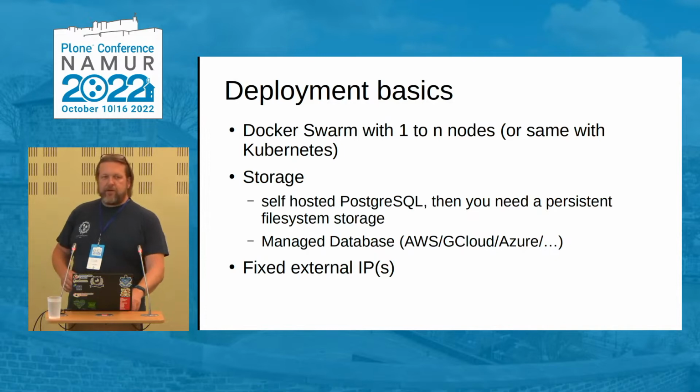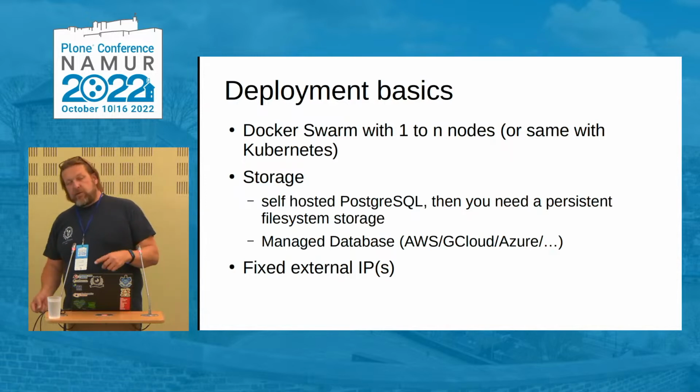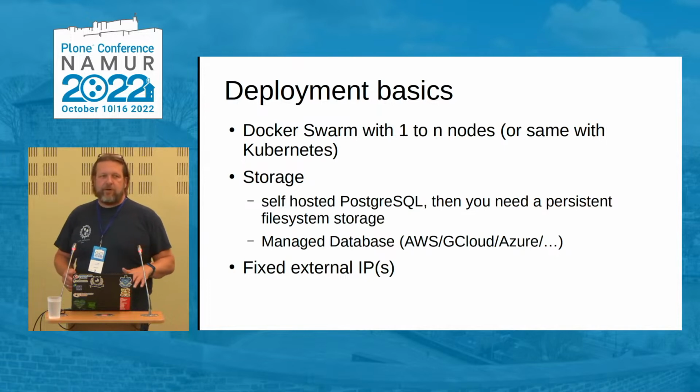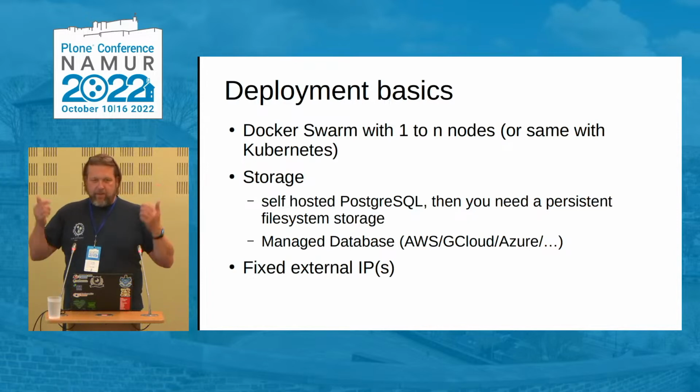Even if you want to try this out on your own machine, you could install Docker and do Docker Swarm init. Then you don't need to use Docker Compose anymore, then you can use Docker Swarm, which gives you also on your local machine some control over the resources, because with Docker, without anything, you don't have the control over the resources. With Docker Swarm, if some service ends up taking all your memory, then it takes it.